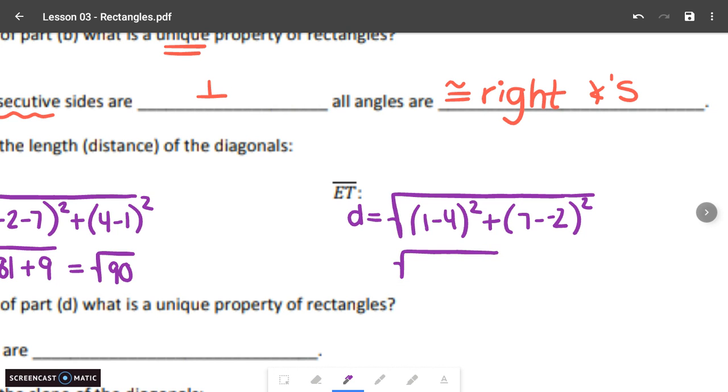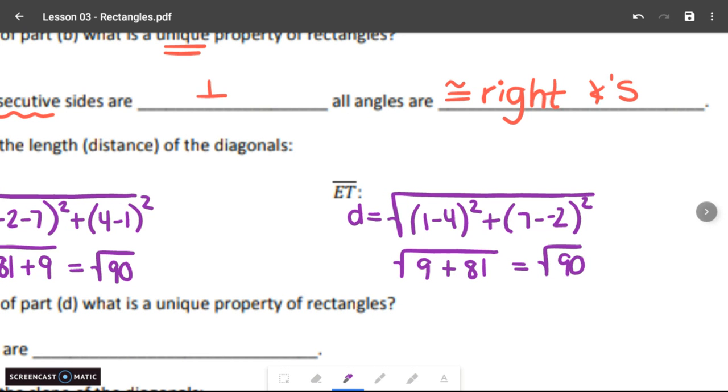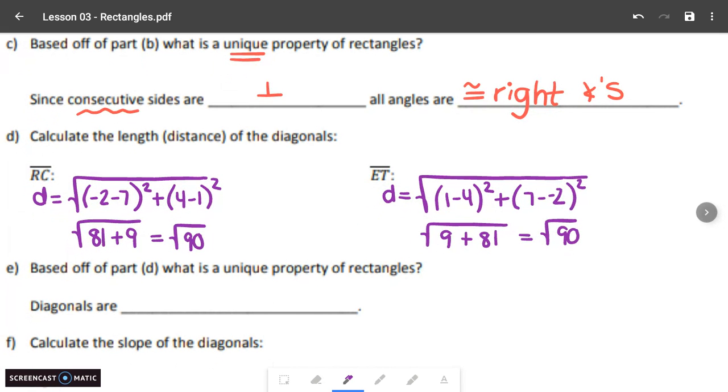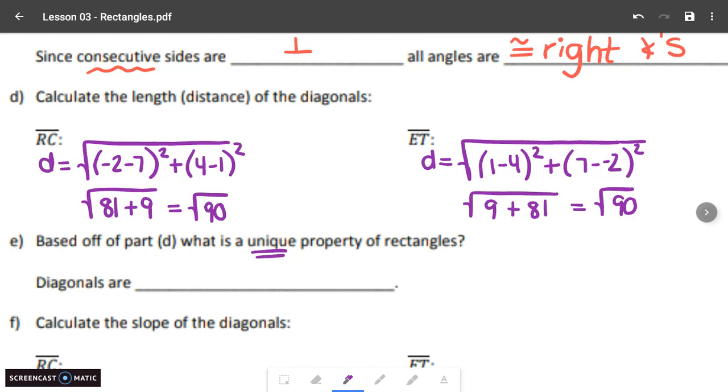So we have -3 squared is going to get us 9 plus double negative here makes a positive. So 7 plus 2 is 9 squared. So 81. And again, we get the square root of 90. Equal lengths indicates congruency. So another unique property that's just true for rectangles so far is that the diagonals are congruent.